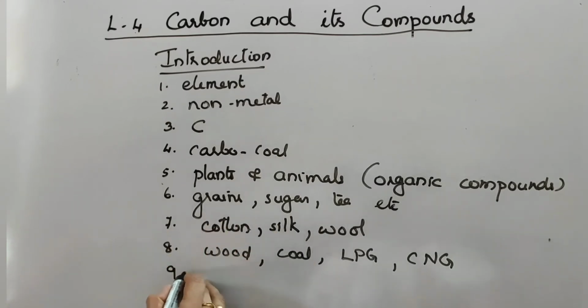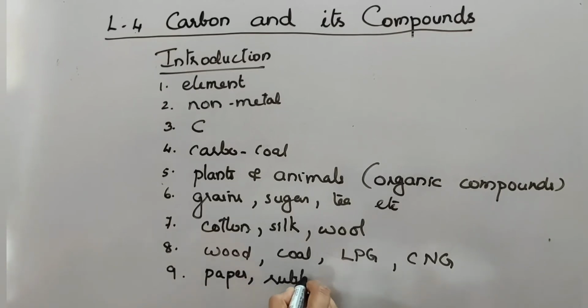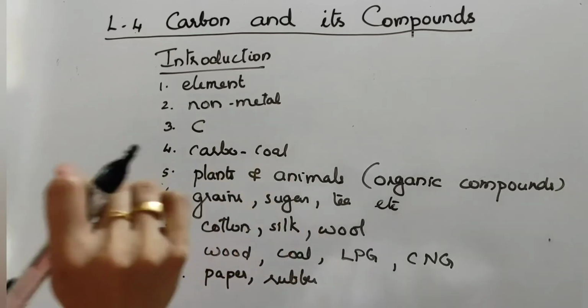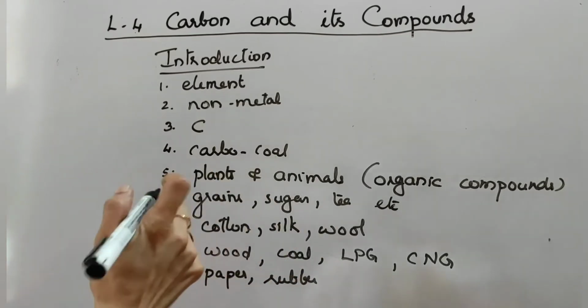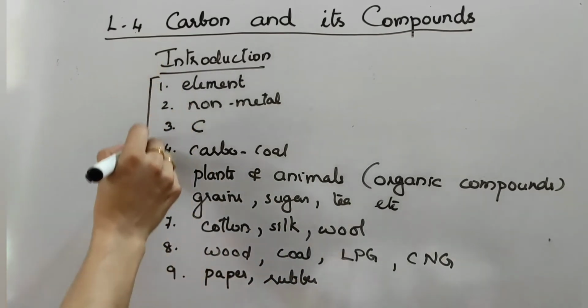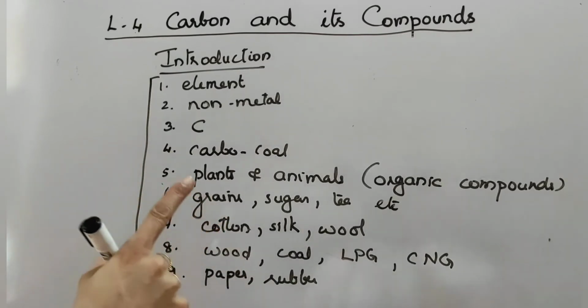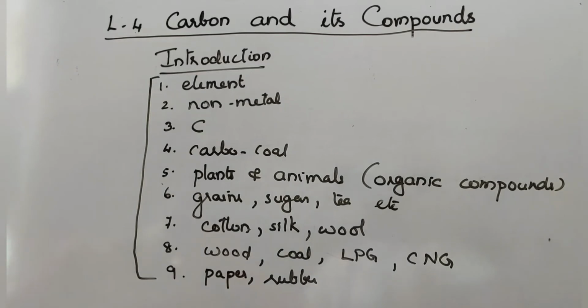Another case in daily life: paper, rubber, plastics, leather, drugs and dyes are also made up of carbon compounds. Now look at that. It is clear that carbon plays an important role in daily life.